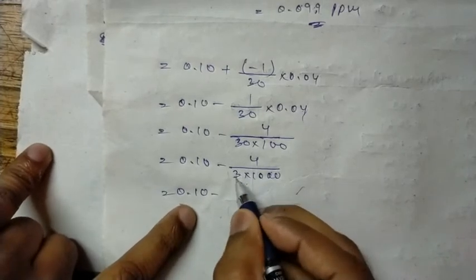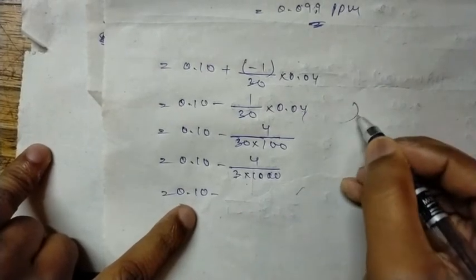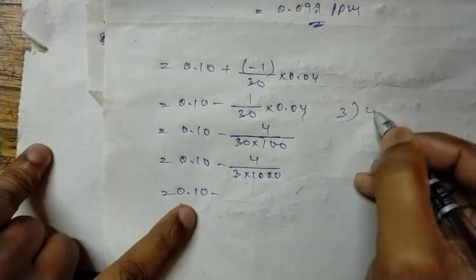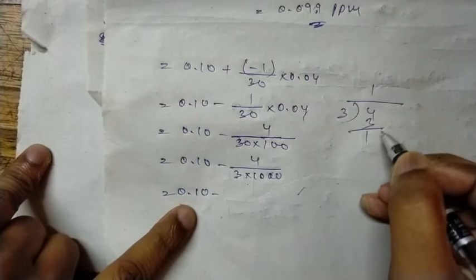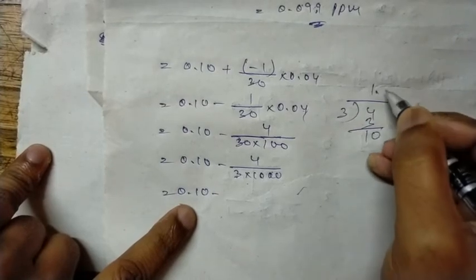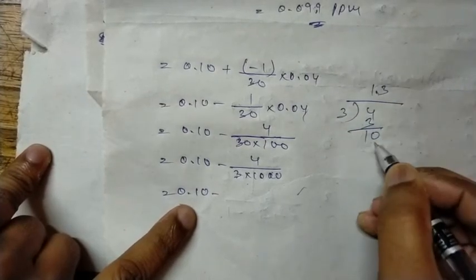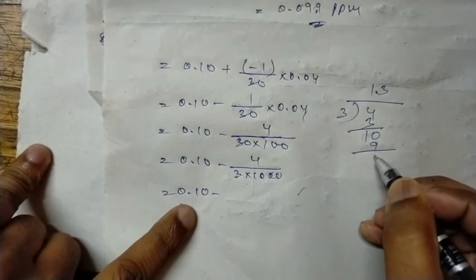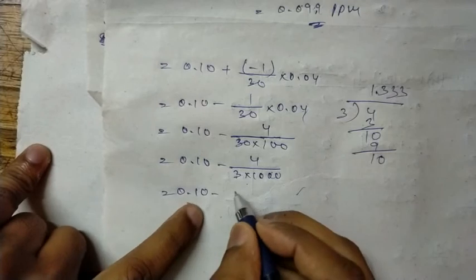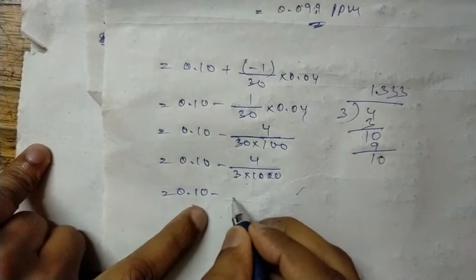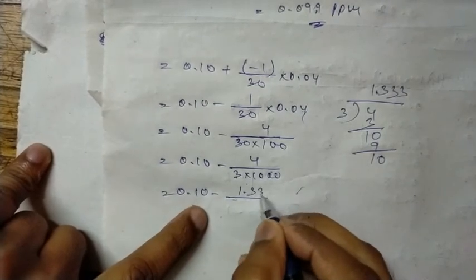Then if I divide 4 by 3, let's see what we get over here. 3 ones are 3, then a decimal, 0, 3 3s are 9, 3 3s are 9, we'll get 1.333.